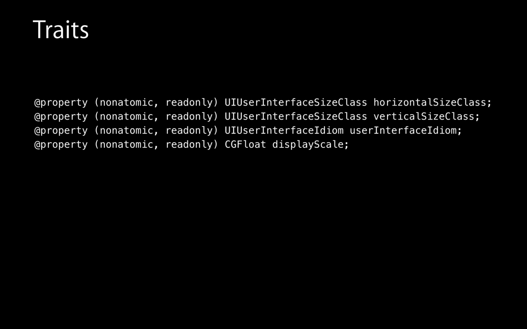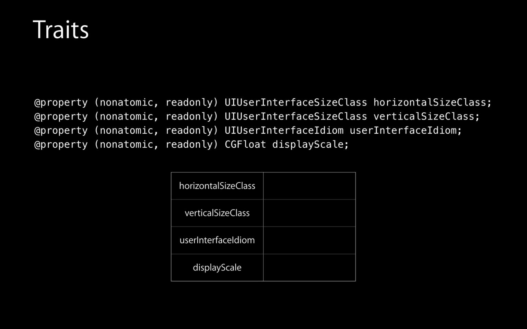They consist of a set of properties, including the horizontal and vertical size classes that we just talked about, as well as the user interface idiom, and also the display scale. Now, all of these traits are wrapped up inside a container that we call a trait collection. This includes the trait properties and also their values. And this new object is called a UITraitCollection.